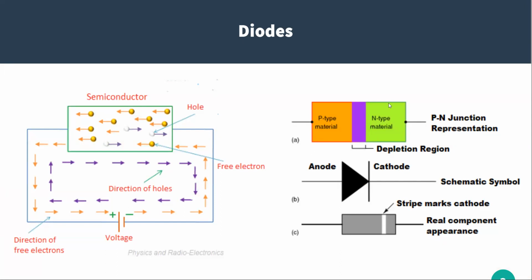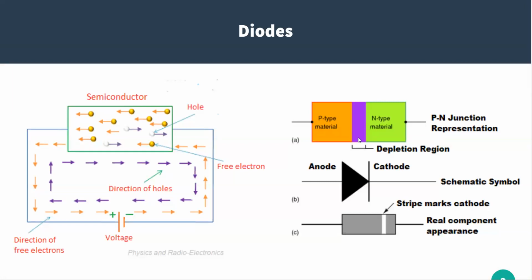In the semiconductor diode, we make it with a junction of a P-type material and an N-type material. And I'll explain those in a little bit. And we call that a P-N junction.